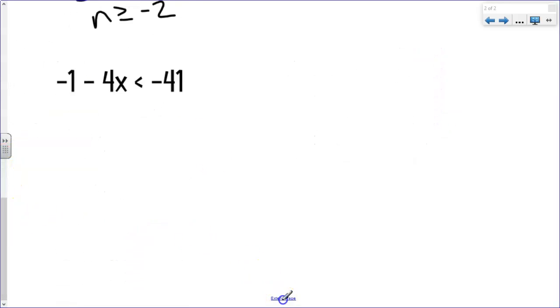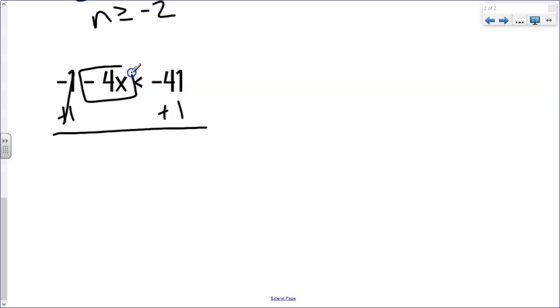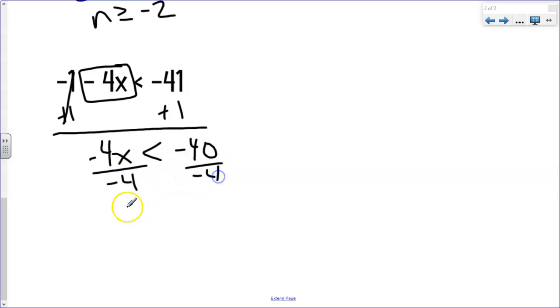Okay, our next problem, we've got to get an x by itself, so we're going to add 1 to both sides. Again, don't forget this negative sign when you bring it down with your numbers or your variables. Negative 41 plus 1 is negative 40. Divide by negative 4.